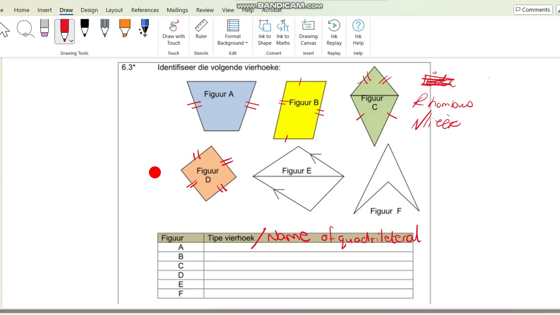If I, for example, ask you, is this a parallelogram? Your answer should be yes. Why? Because a parallelogram says that both pairs of opposite sides are the same.